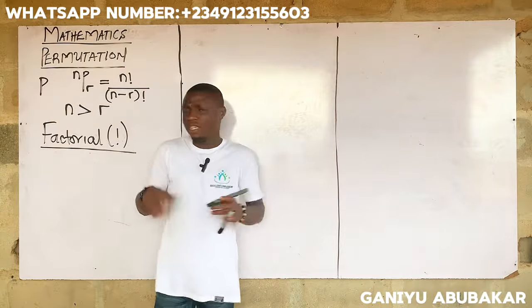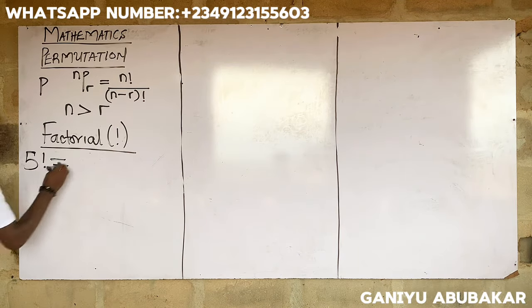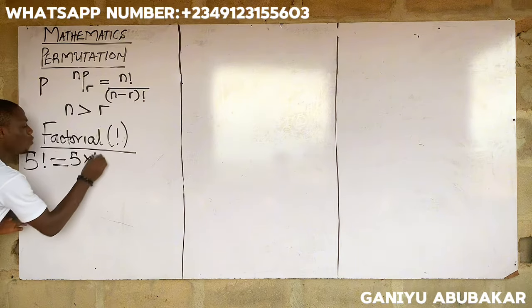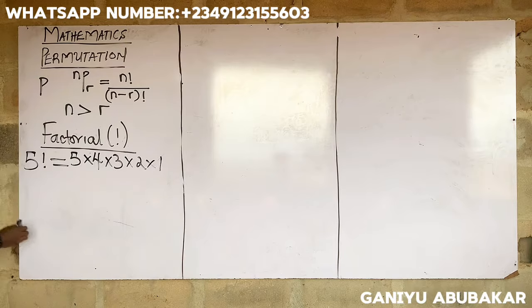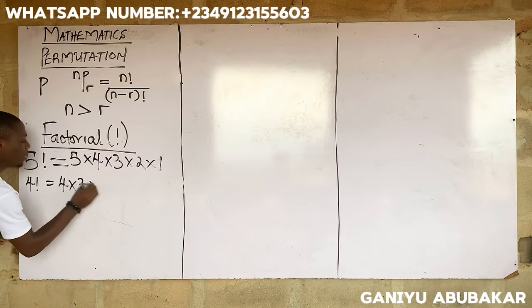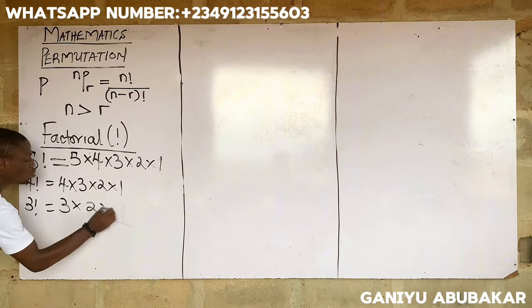All right, I understand the definition of factorial. What does it mean? Let's start with an example. If I have 5 factorial, what does it mean? It means 5 times 4 times 3 times 2 times 1. Let's say I have 4 factorial. This means 4 times 3 times 2 times 1. 3 factorial gives 3 times 2 times 1.